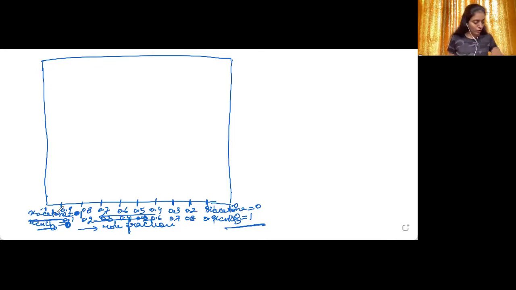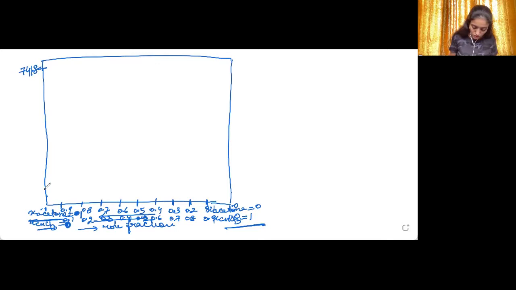Now, what is the vapor pressure of pure acetone? Vapor pressure of pure acetone is 741.8. So suppose it is at this point. Now, what is the vapor pressure of pure chloroform? It is 632.8. Before marking that, I'm just dividing this line into equal vapor pressures.